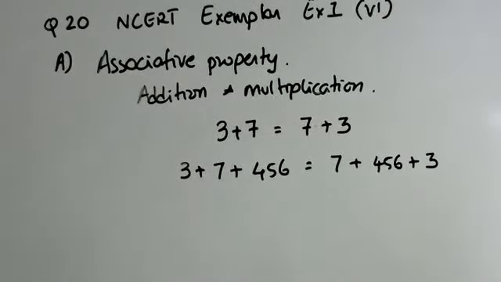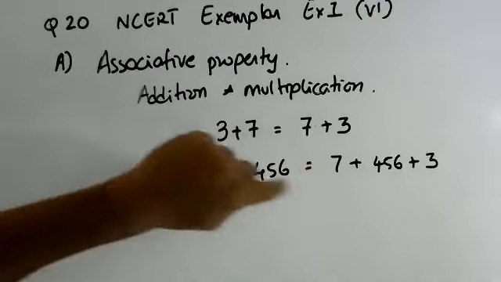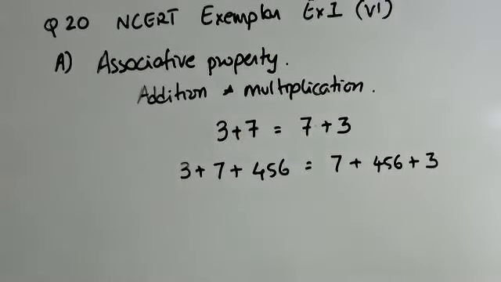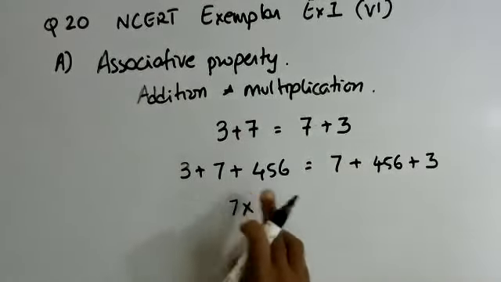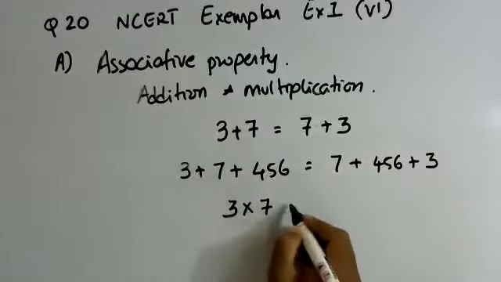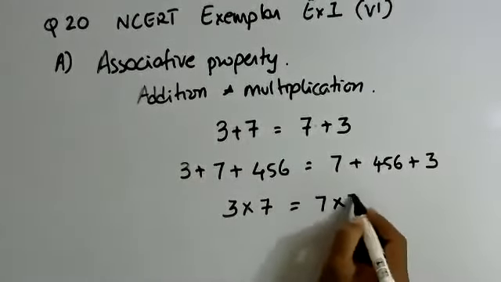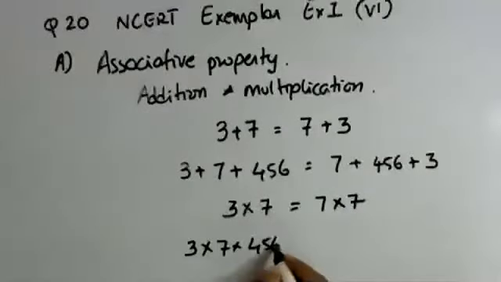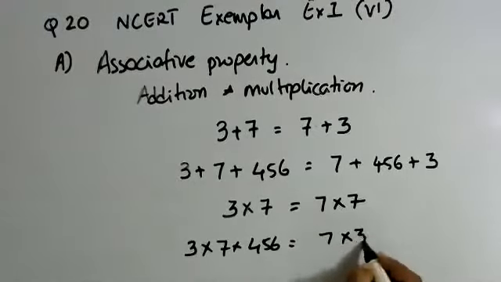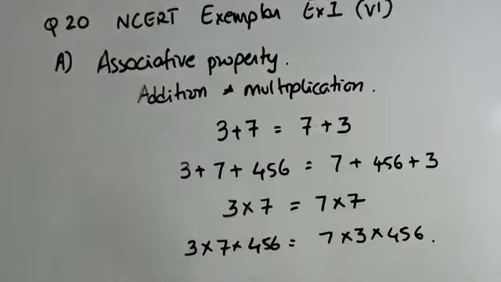The result of both these sets of operations would be exactly the same, and for that reason the product of these numbers will also be the same. It doesn't matter in which order you do it. 3 times 7 times 456 is also going to be the same as 7 times 3 times 456, let's say. So it does not matter in what order you do the operations, the result will work out to be exactly the same.